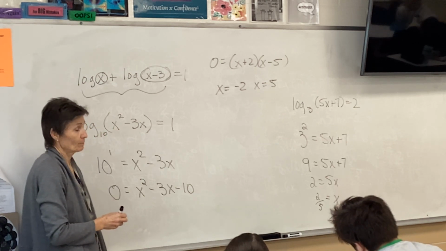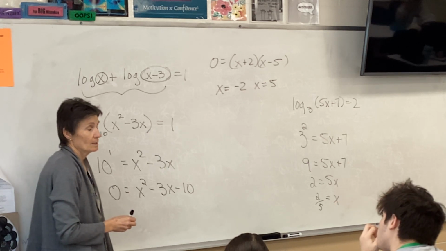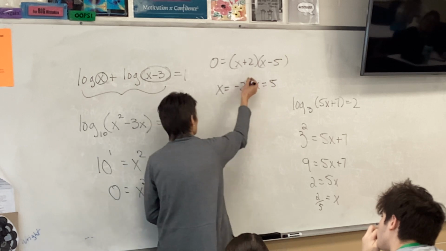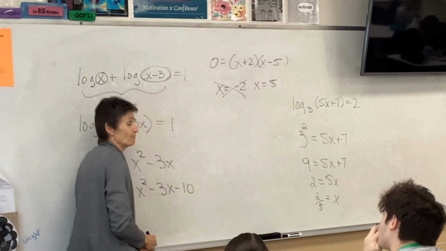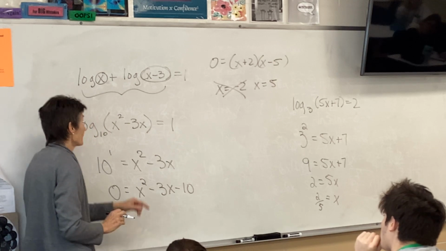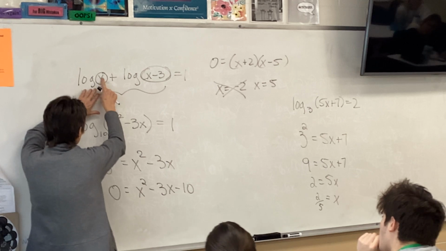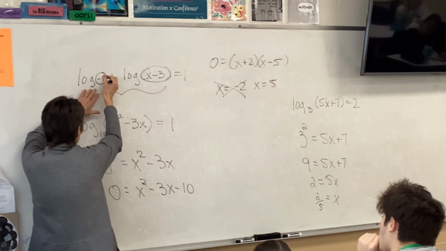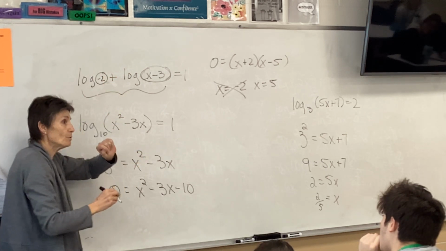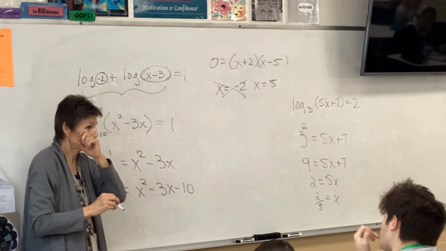Well, I wasn't kidding when I said the fun never ends, because it's not over yet. This one right here, negative 2, is extraneous. If I go back to my original problem and put in negative 2, what happens when you press log negative 2 on your calculator?